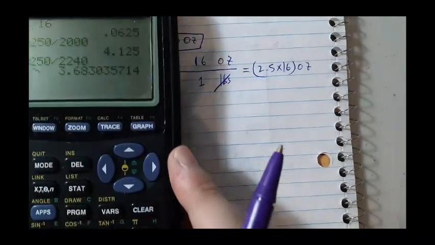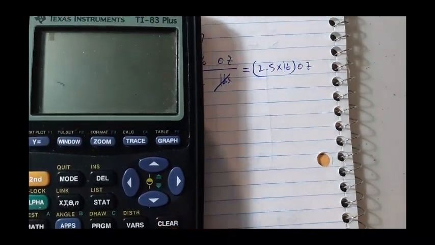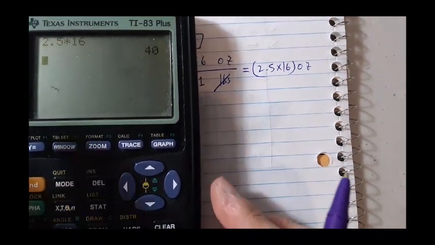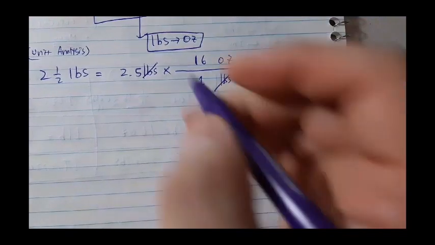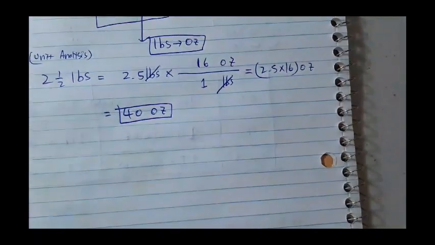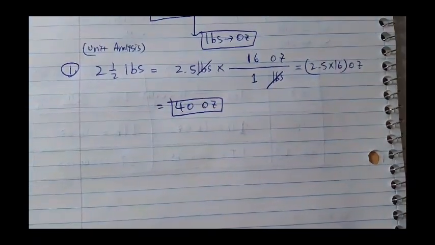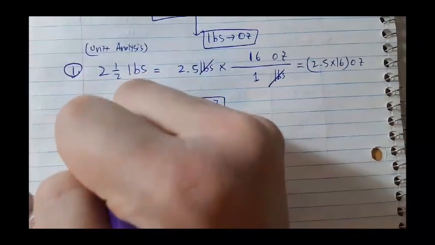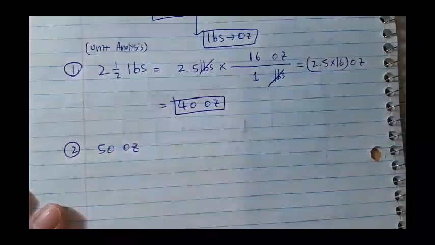So let's punch those numbers in. 2.5 times 16 gives me 40. So the answer is 40 ounces for my bag number 1. Now number 2 specifically talks about 50 ounces.